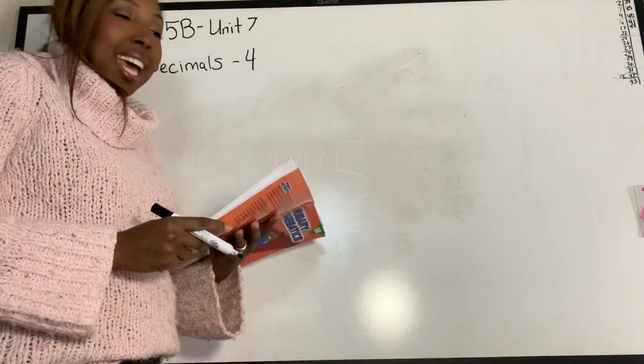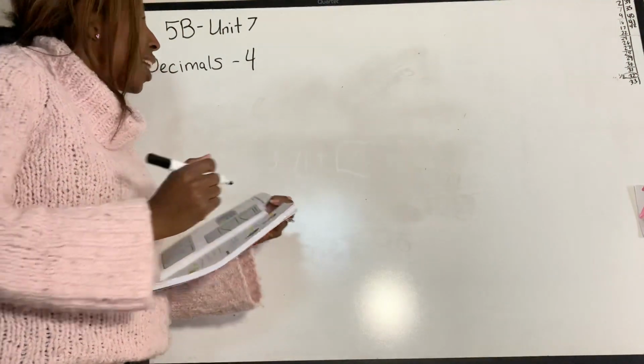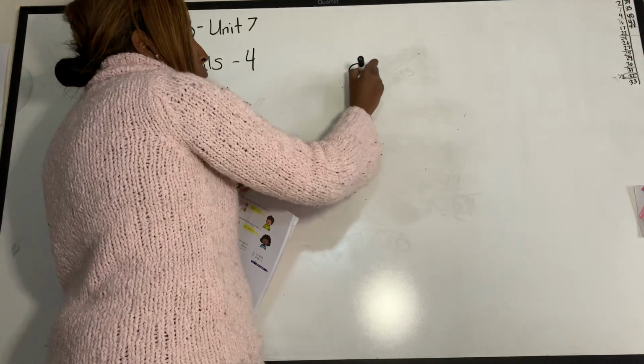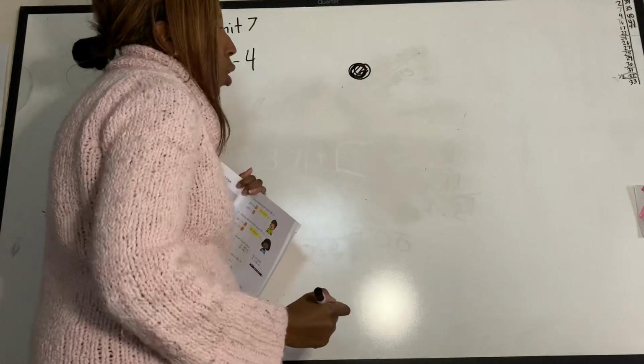So today, I want you to think about the decimal at an amusement park. When a decimal's at an amusement park, he likes to ride the roller coasters.